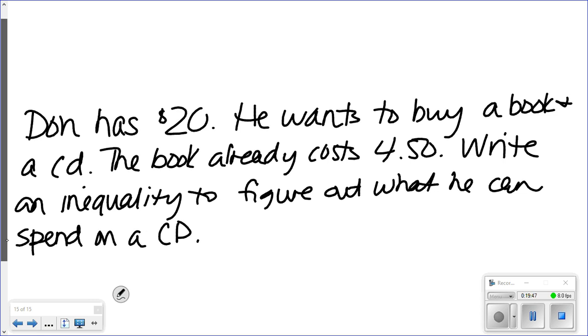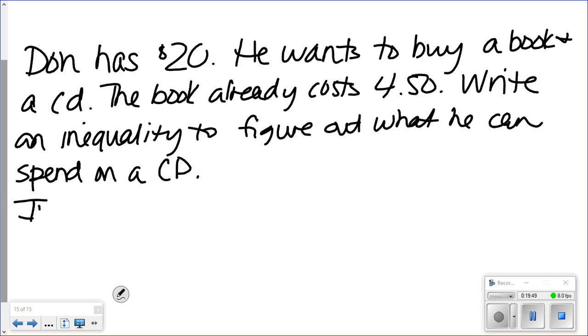Okay. So the first thing you have to do is write the inequality. He has $20. He wants to buy a book and a CD. The book already costs $4.50. Write an inequality to figure out what he can spend on a CD. So let's start writing the inequality. You maybe have it done already.